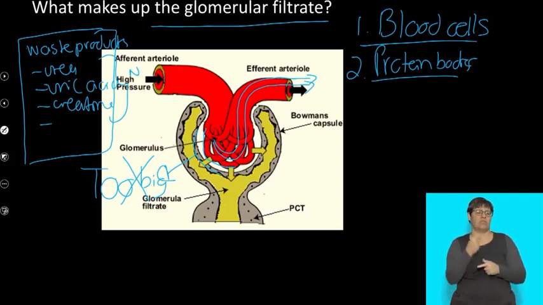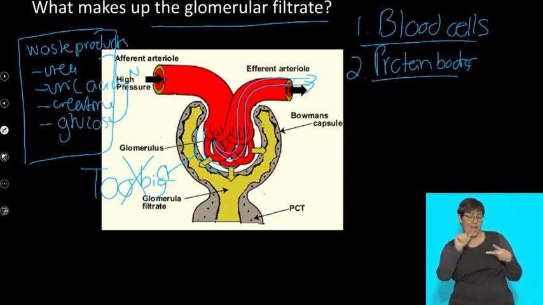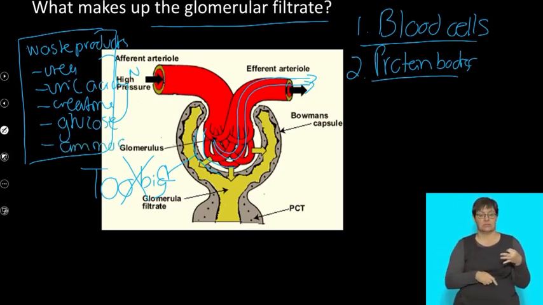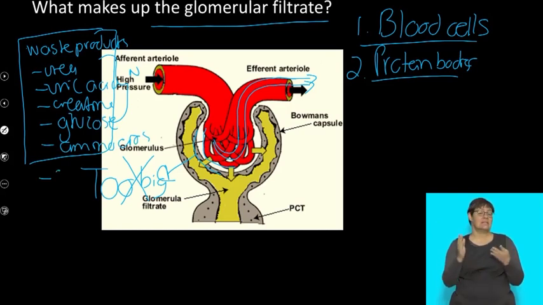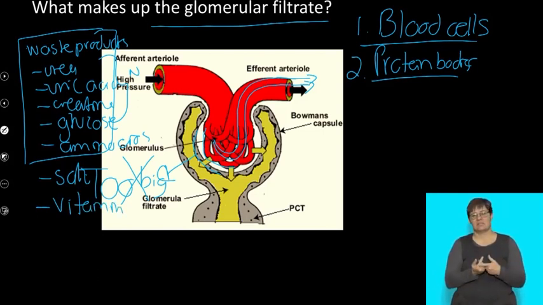Then there are things dissolved in the blood. Glucose, amino acids. What else? Salt. Some vitamins maybe. All right, and maybe I've got things, maybe I've got colorants.